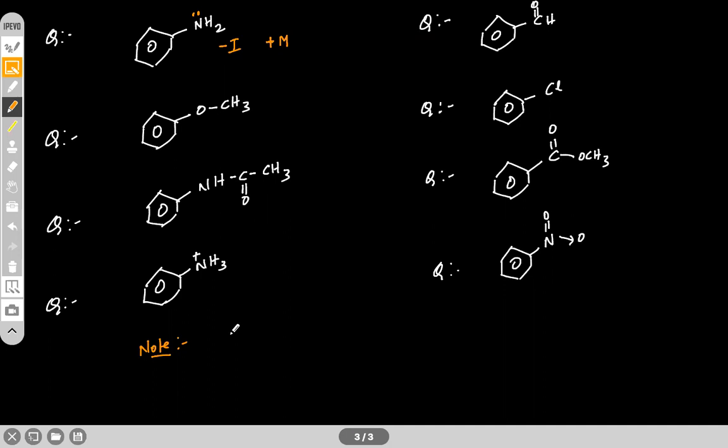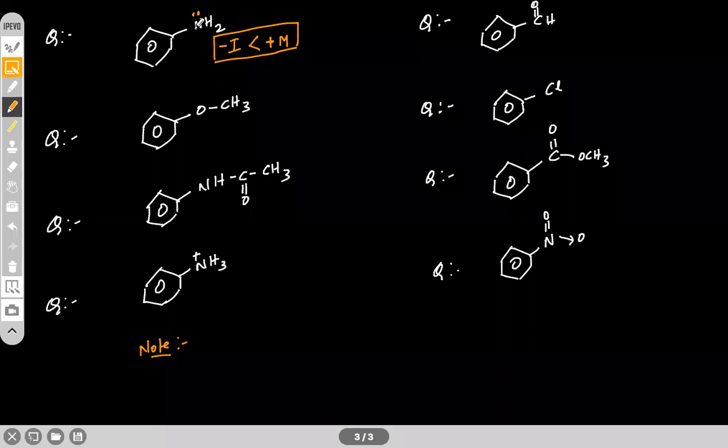Okay. So here, which effect is dominating? Plus M effect dominates, and we say this group shows plus M effect. But it also shows minus I. Plus M is more dominating. So we'll find out the property of this with respect to plus M effect.